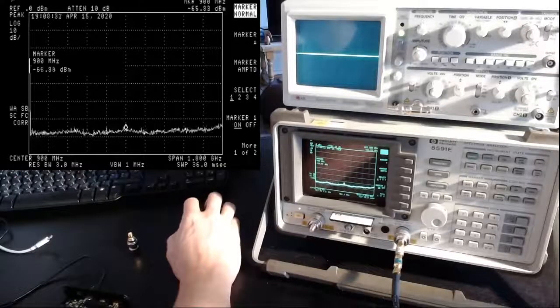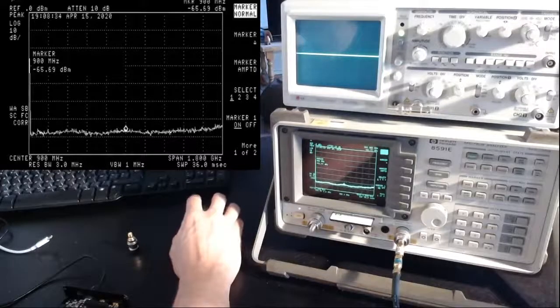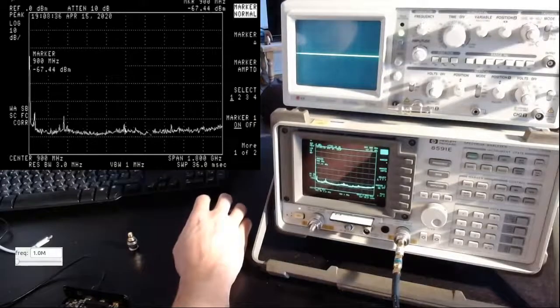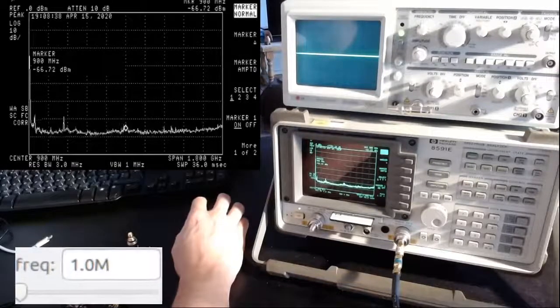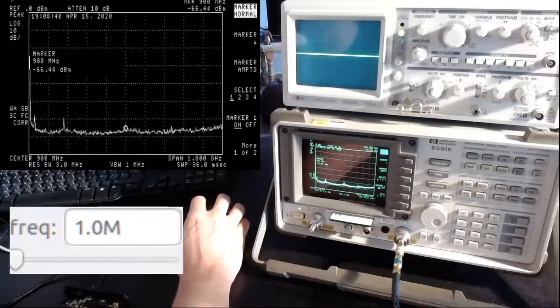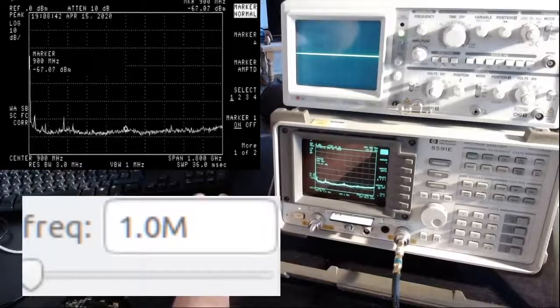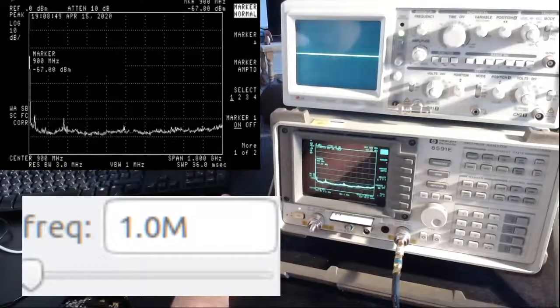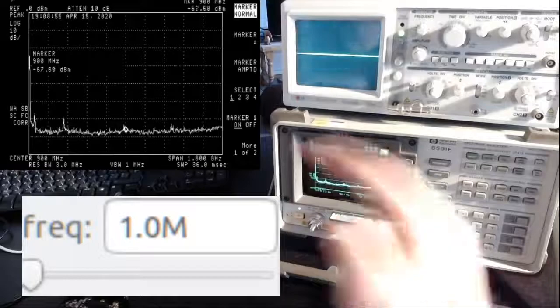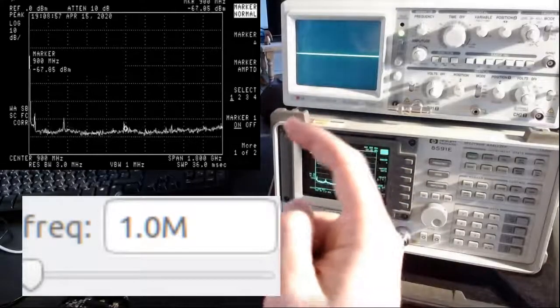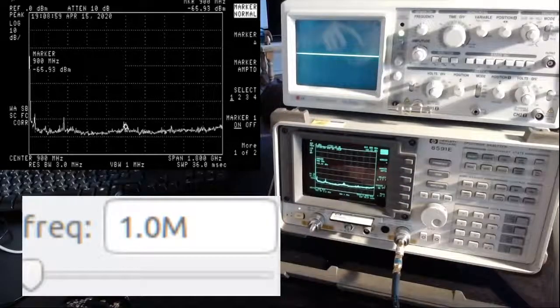So I will open once again the GNU Radio program that produces the output, and so we can start checking its behavior on the spectrum analyzer. Okay, so let me just set a couple of things. Of course you can follow the output of the spectrum analyzer here, so it's more visible.